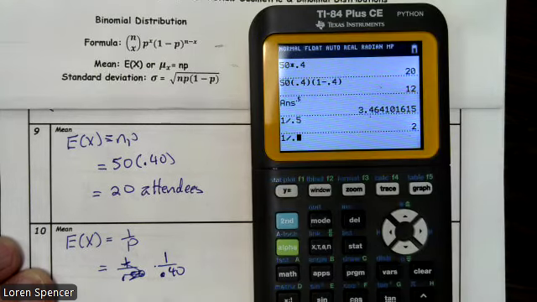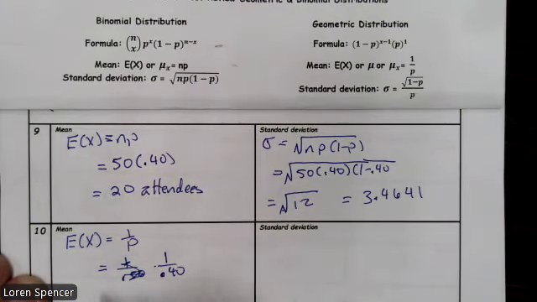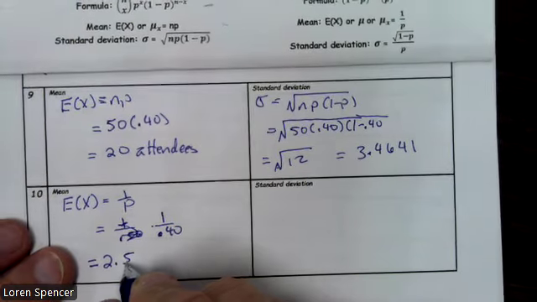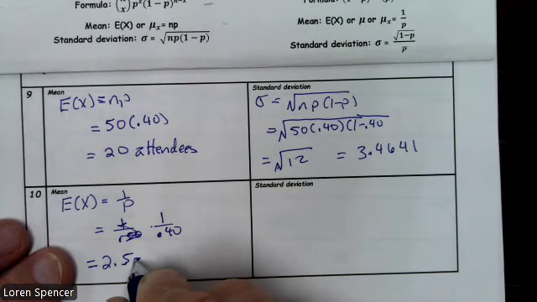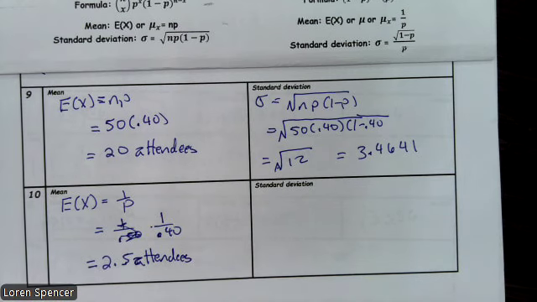So 1 divided by 0.40 is 2.5. So we would expect to have to scan 2.5 attendees to find our first. All right, get the VIP.